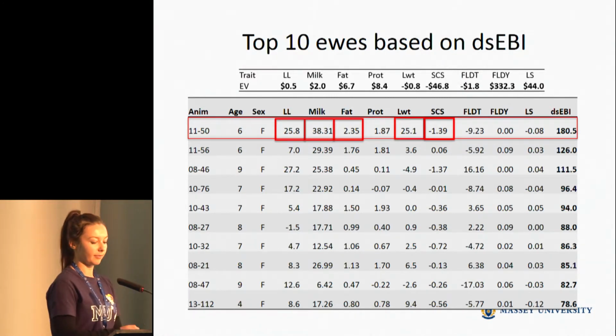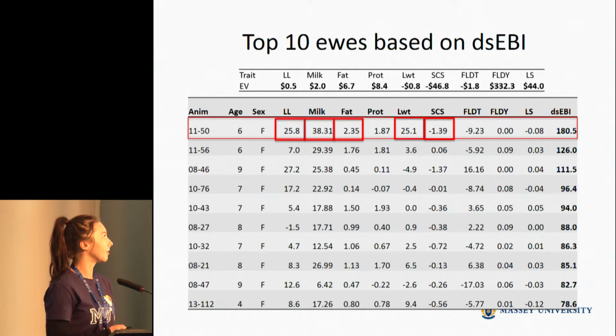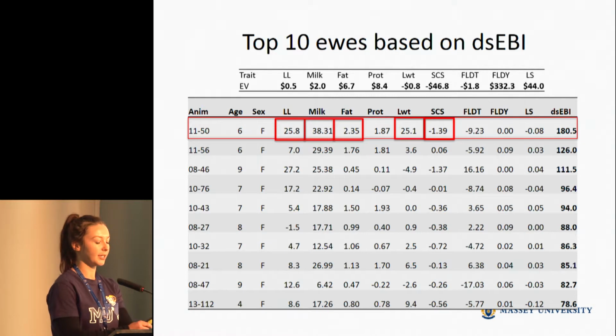And in this selection index, that live weight has incurred a negative value because of the feed costs. So the selection index captures the potential profit made within the high production traits, but also captures her heavy live weight and the costs associated with that.